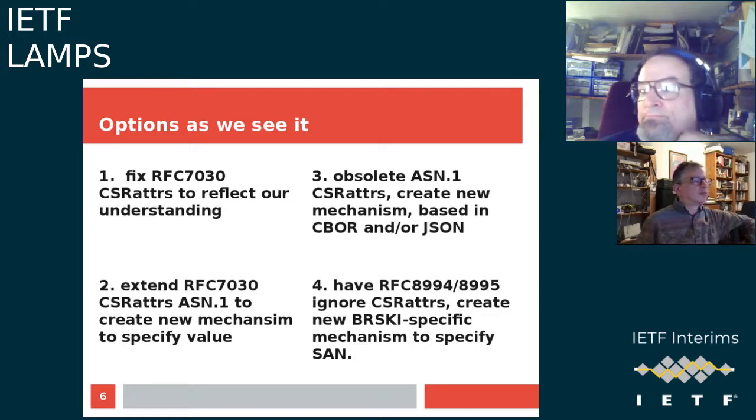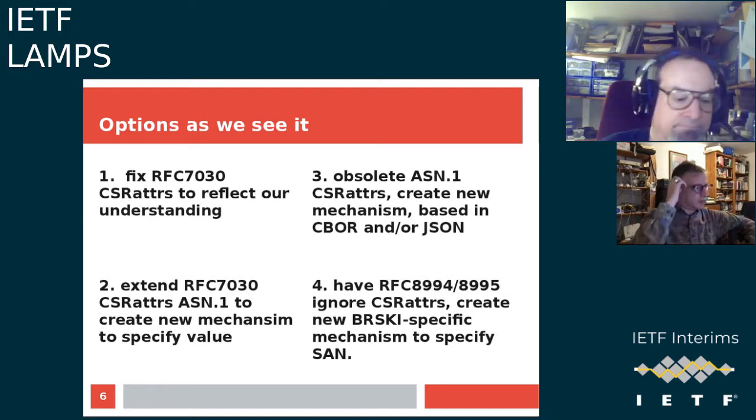So there were two problems that we ran into. The first, when we're looking at this, and there's sort of a number 5 that probably we need to at least discuss. Problem number 1, as I mentioned in the chat, was that clients were having difficulty implementing CSR attributes.